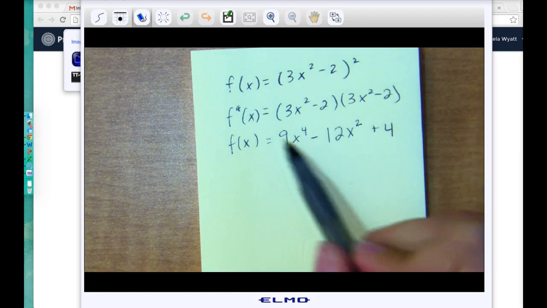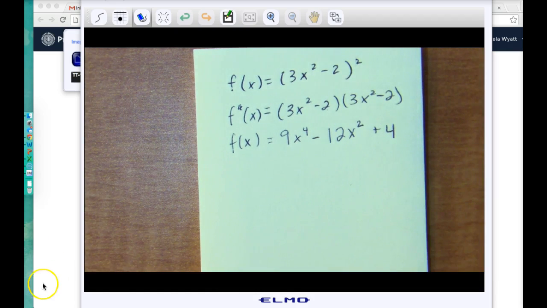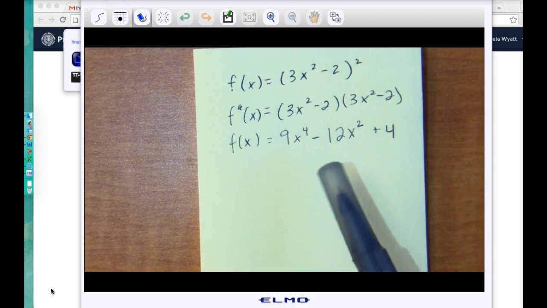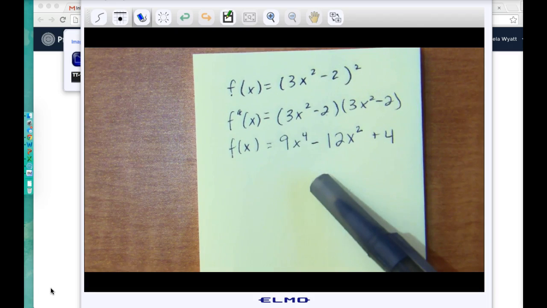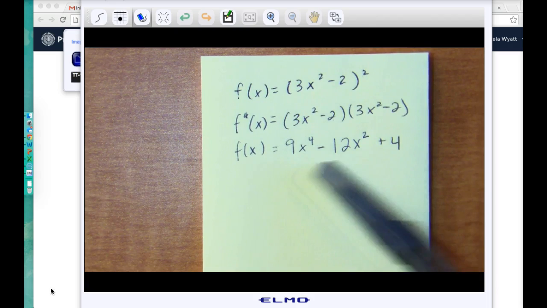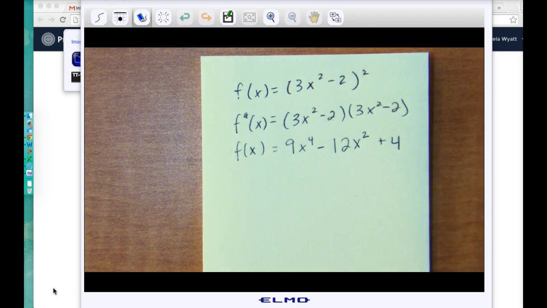And I'm taking the derivative of this function, rather than of this one. And this one is something that you know how to do. So go ahead and make any corrections. What's the derivative of this function going to be?